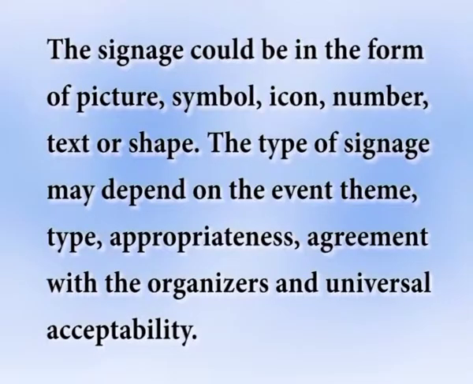The signage could be in the form of a picture, symbol, icon, number, text or shape. The type of signage may depend on the event theme, type, appropriateness, agreement with the organizer and universal acceptability.